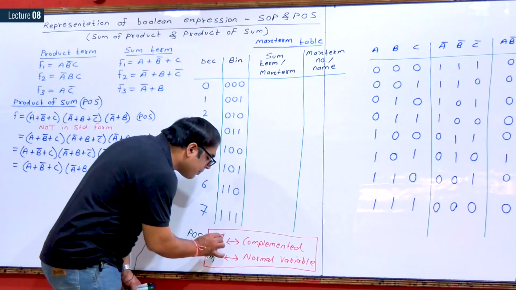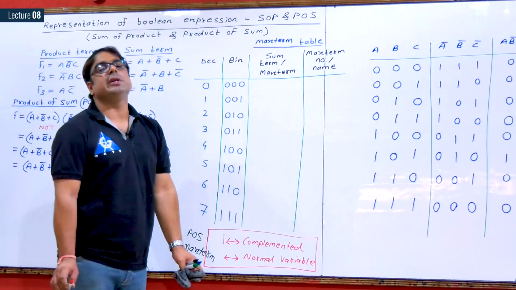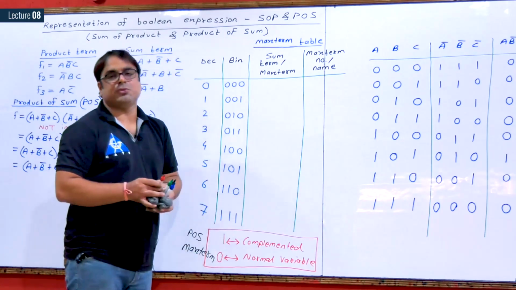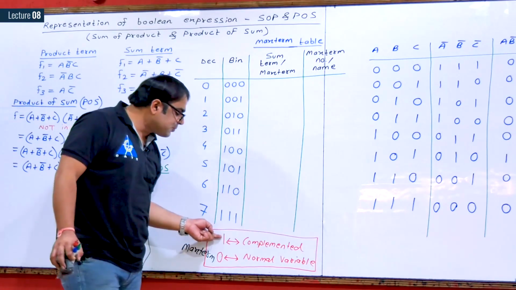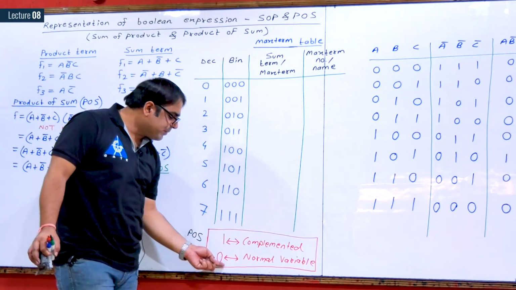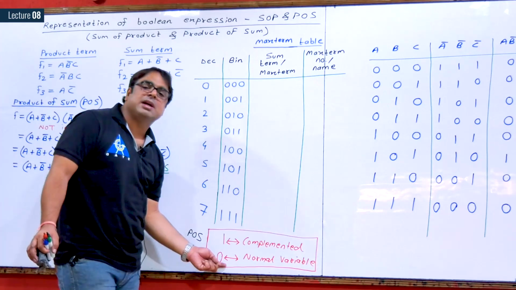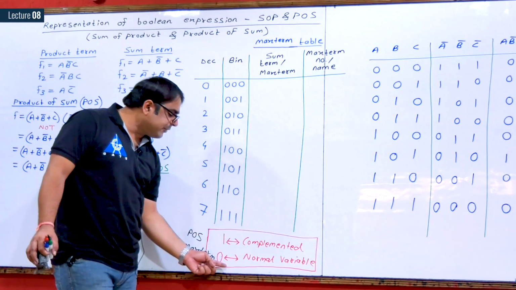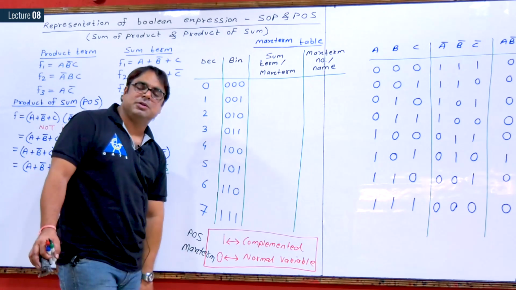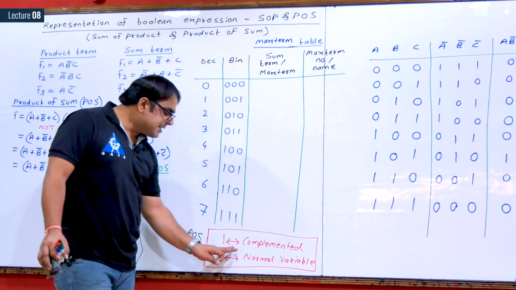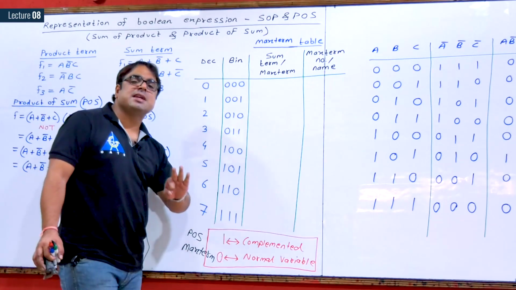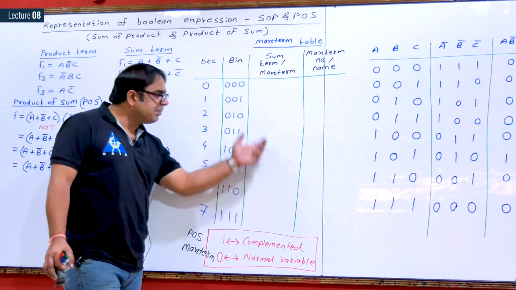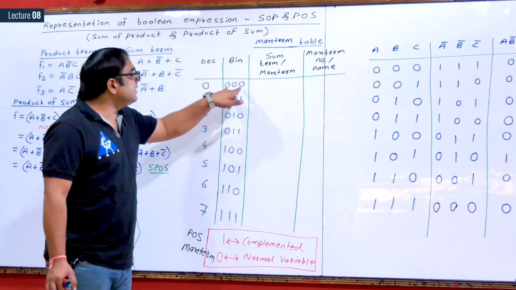Here we have just the opposite: 1 will correspond to the complemented form and 0 will correspond to the normal form. This is the only thing you have to remember, the rest will come automatically. Okay, now let us complete the table. All the 3 bits are 0.